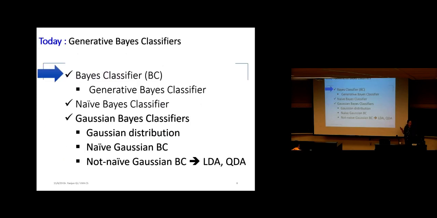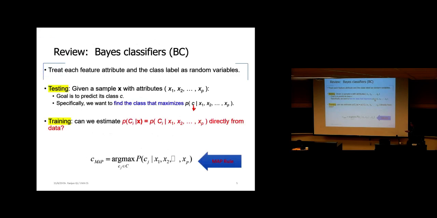Again, we're in the Bayes classifier, where you use probabilistic models to perform classification, and then through the MAP rule, those types of classifiers all fall under the umbrella of Bayes classifiers. Okay, just a little bit of review, because we already covered this. The Bayes classifier uses the MAP rule, maximum a posteriori rule, to perform classification. The most important thing is you have to be able to estimate P(C|X).